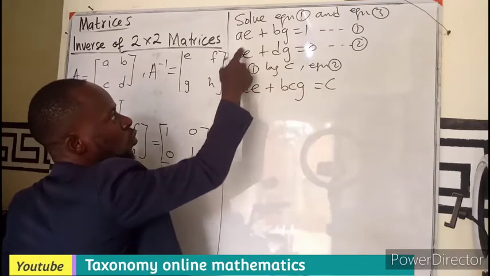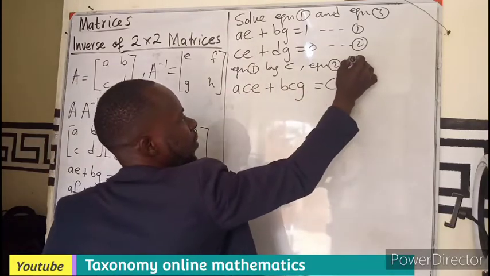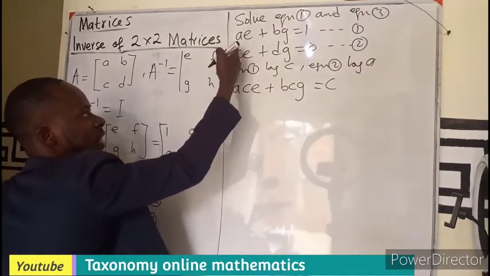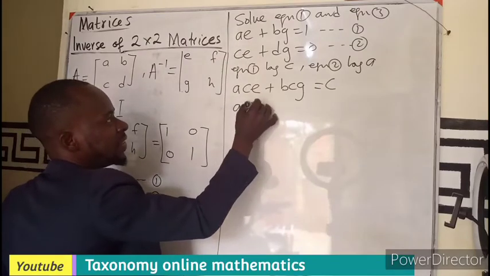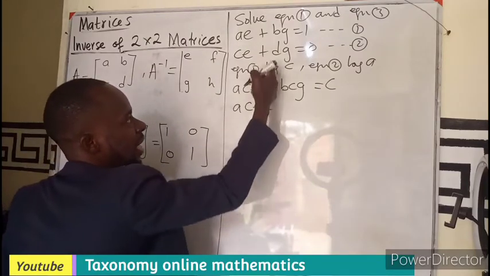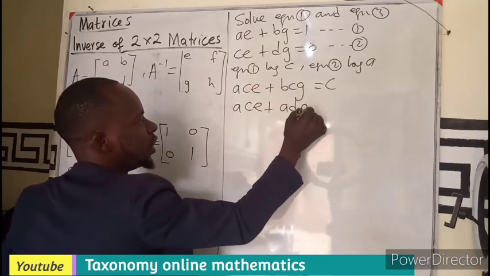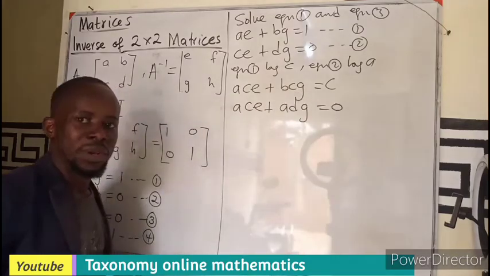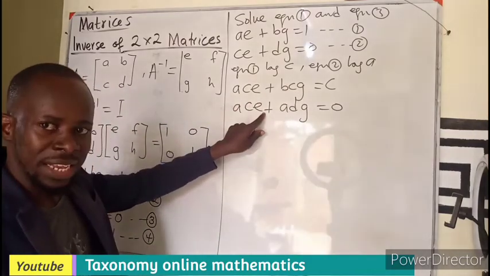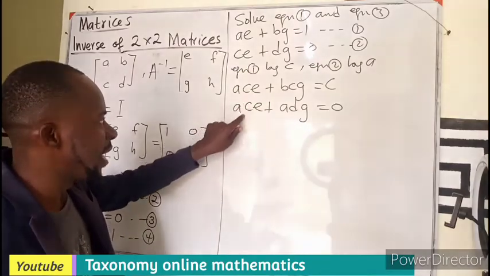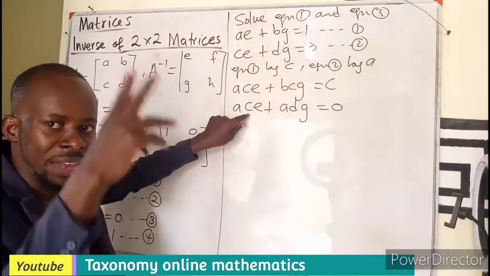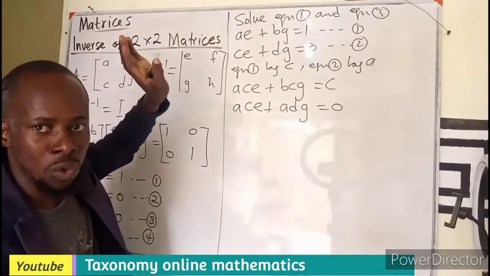So equation 2 will also have A multiplying it. So if A multiply this, ACE plus ADG equals to 0. So now holding E as a variable, AC are the same. So if I perform subtraction, all of this will go.